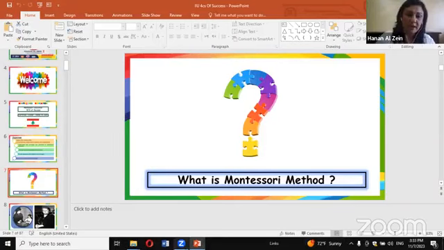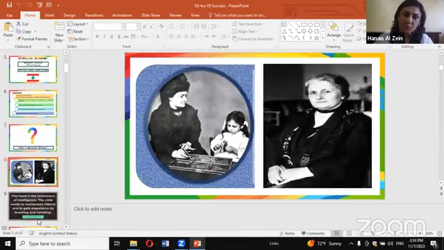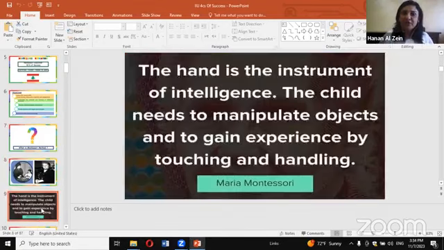So why Montessori, and what is this Montessori method? Her philosophy lies in what we call sensory learning. Where does intelligence come from in education? The hand is the instrument of intelligence according to the Montessori method.